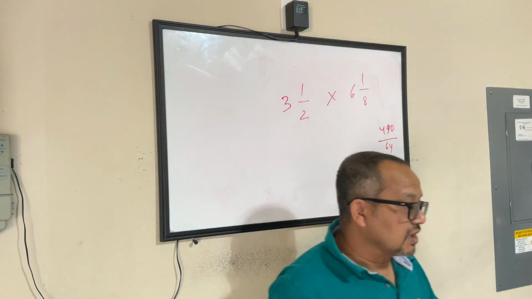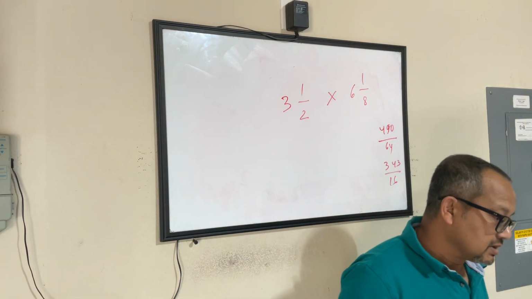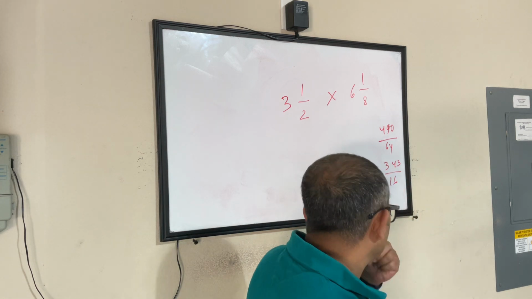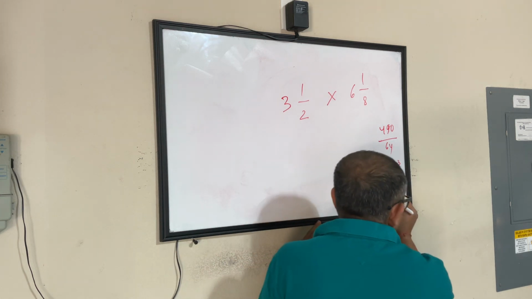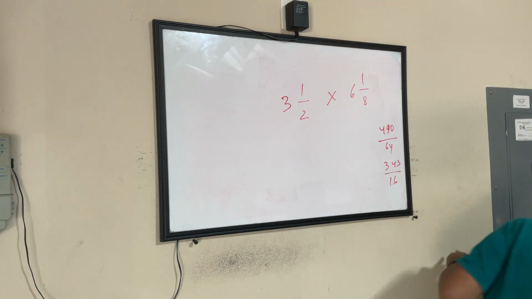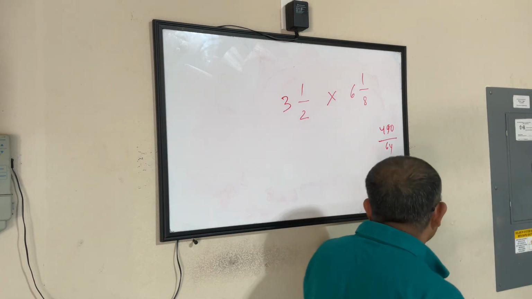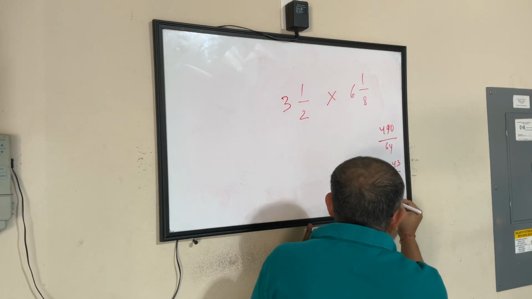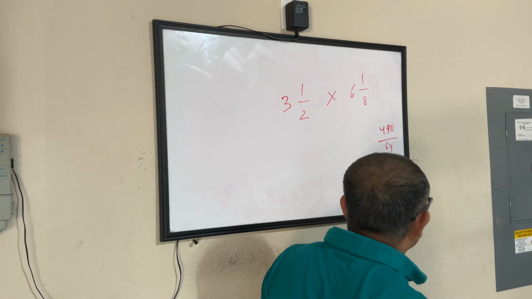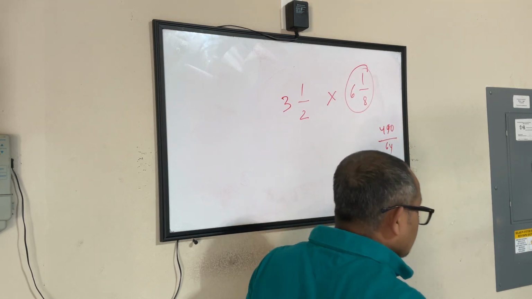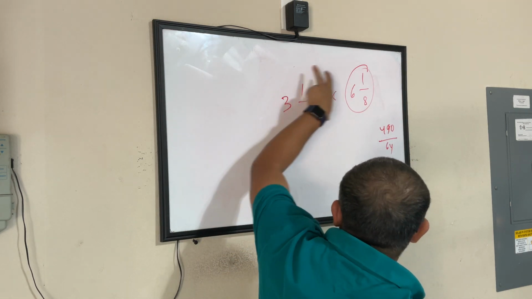How about you, Tasvik? Nikhil? Not yet. Anika? 49. What is this thing called again? 49 by 8. 49 by 8. 343 by 16. 49 by 8 is only by converting this to a fraction. I'm asking you guys to multiply this thing with this thing.